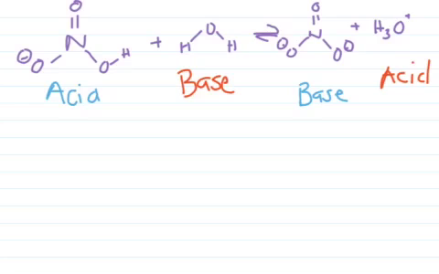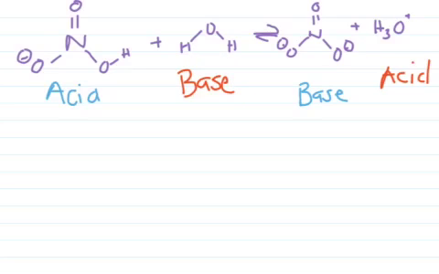Next, we need to label which one's stronger and which one's weaker. Well, this molecule right here isn't in your chart, so one way of doing this is to look at the bases and see which one has the most hydrogens. The one with the most hydrogens will usually be the stronger.